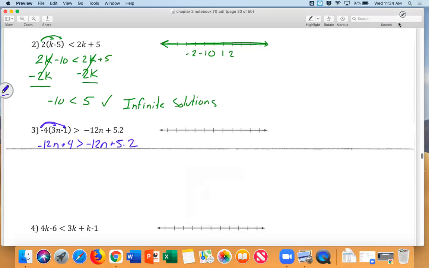What's that? Don't you have to put it with a positive? Yeah, I have to make it a positive. So I have to add 12n to both sides. Nice job, Joey. And in doing that, the n's cancel and I have 4 is greater than 5.2. Now, Grace, is 4 greater than 5.2?